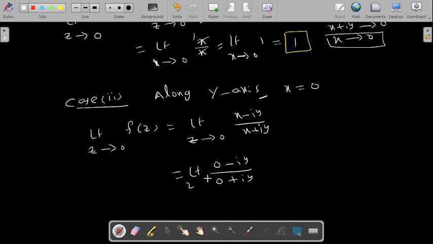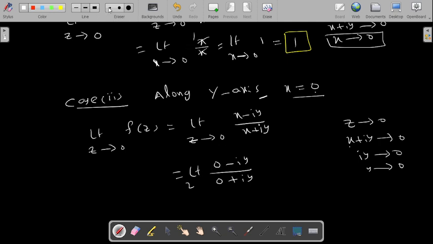So limit z tends to 0 means, as I already said, x plus iy tends to 0. That means here x is 0, so iy tends to 0, that is y tends to 0.